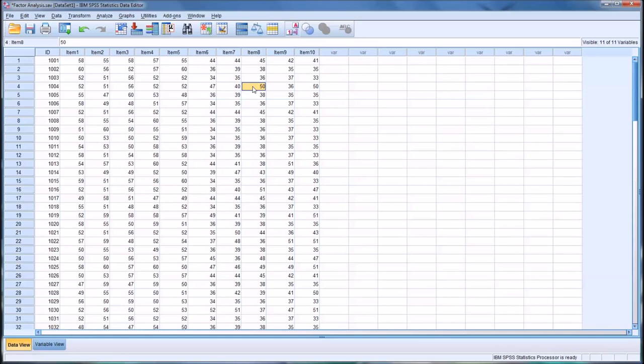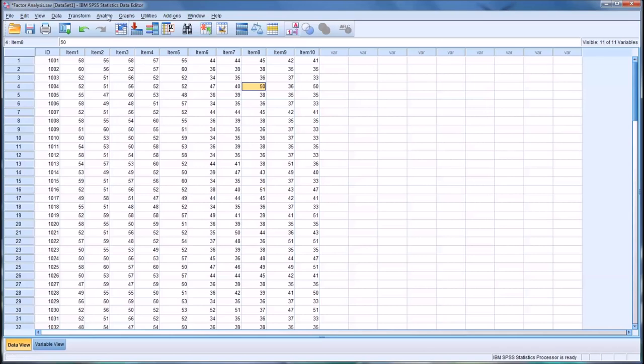So it's more just exploratory. You want to see if the items load together on particular constructs. But for the purposes of this demonstration, let's assume that we designed this instrument to capture those two distinct constructs, depression and anxiety. So we would hope to see that items 1 through 5 load together and items 6 through 10 load together.